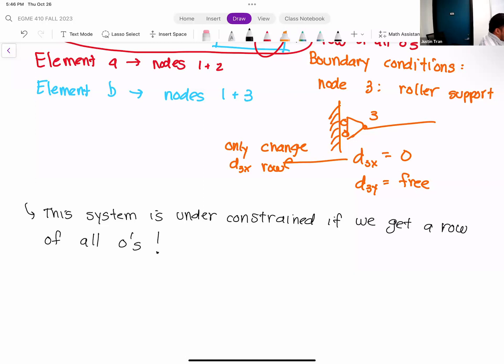There's not enough constraints in this system here to maintain that current configuration.